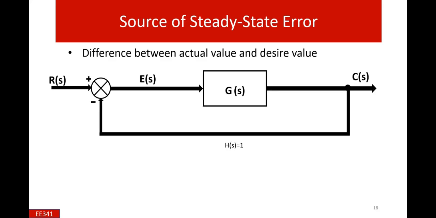So steady state error is the difference between the actual value and the desired value. It means the difference between input and output at time equal to infinity represents the steady state error. We can find this error signal in the time domain by using the inverse Laplace transform, or if it is in the time domain, we take the Laplace transform.